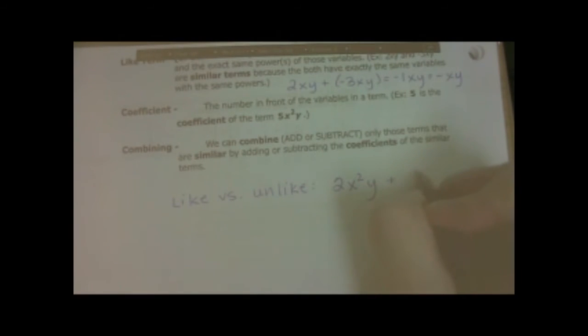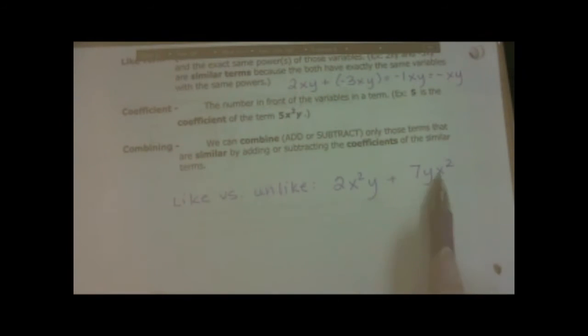And let's add 7y squared. Like or unlike? Like. It doesn't matter that the variables are in a different order. They are still like because they have the same variables and the same powers, which means we can combine them. So we would add the 2 plus the 7 and get 9, and this is 9x squared y.